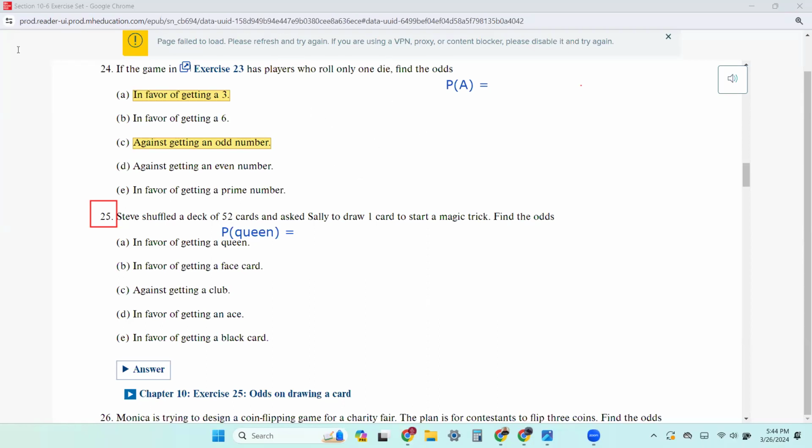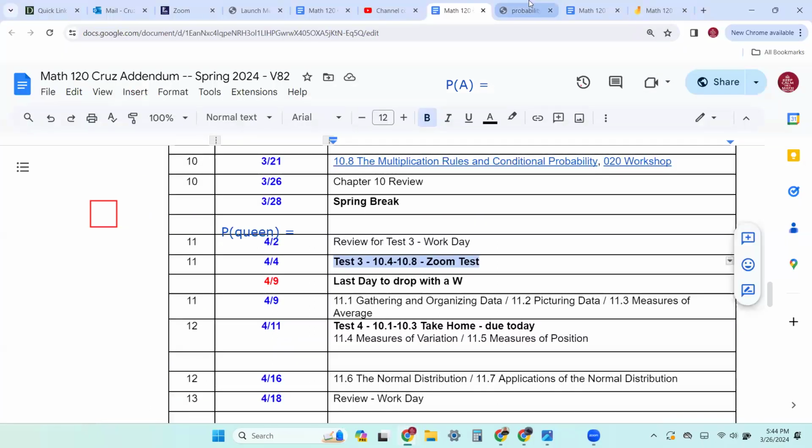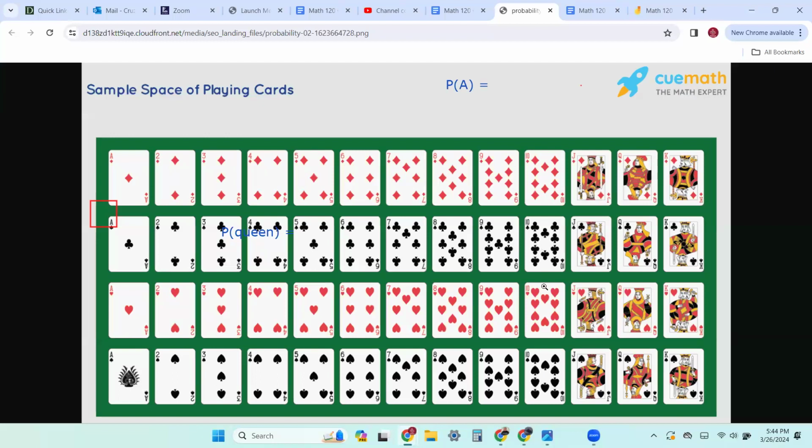So what's the probability of a queen? Do y'all remember? 4 over 52. 4 over 52. And we can simplify that down to, so there's your 4, 52 total.